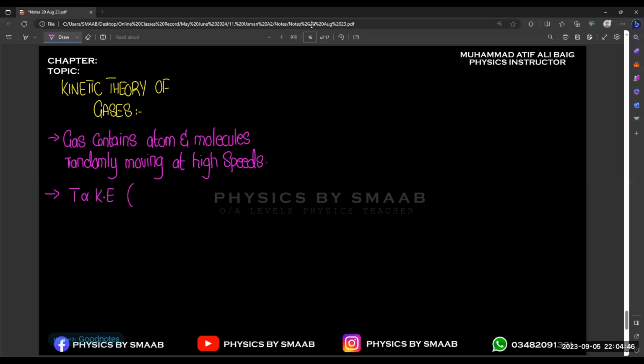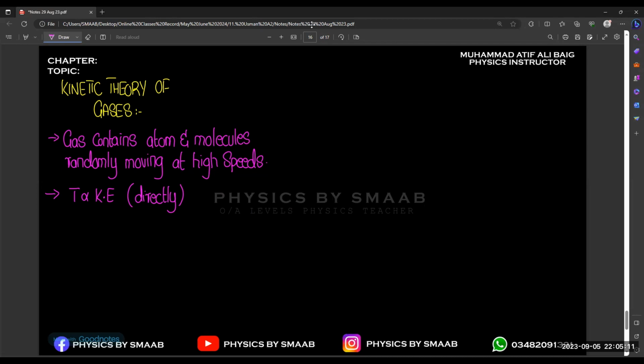So there is a direct relation. So the second point is kinetic energy is directly proportional to the temperature. If we increase the temperature, kinetic energy will also increase, right? Again, temperature is a macroscopic concept. Kinetic energy is a microscopic concept, right?